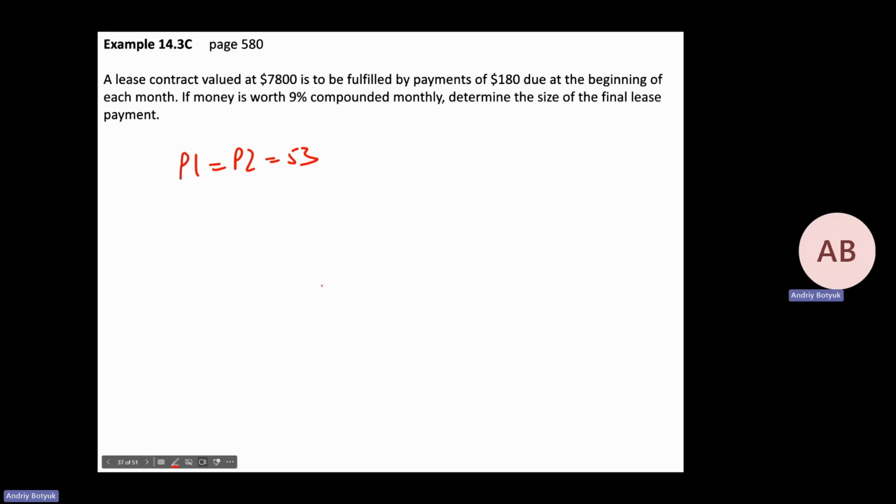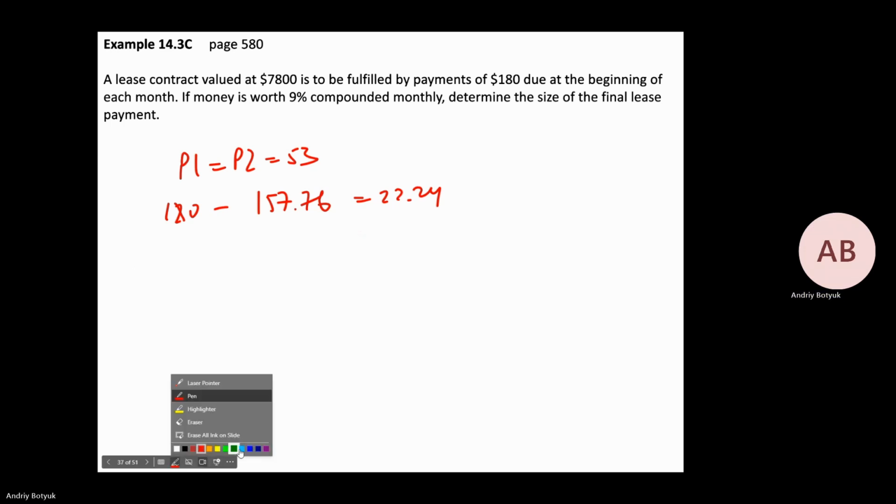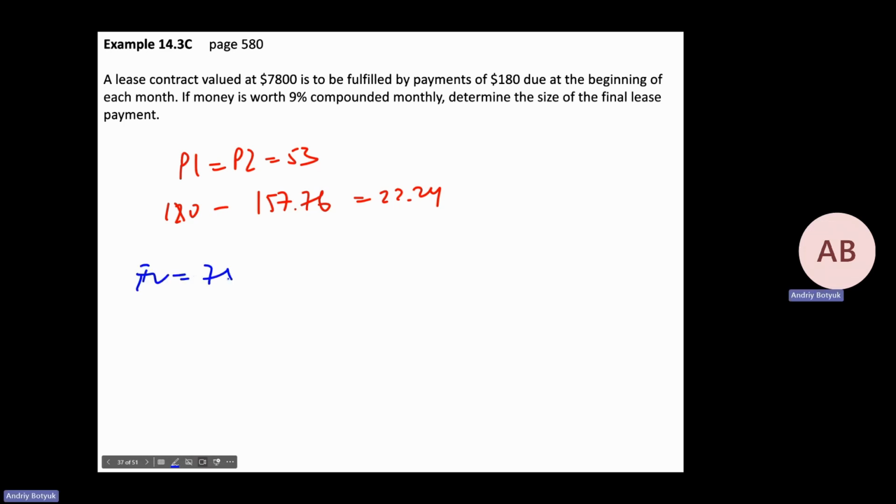But I found overpayment 157.76. And now when I take 180, I have 22.24. So it works. Maybe it's not. Let's try to find future value 7,800. 53.